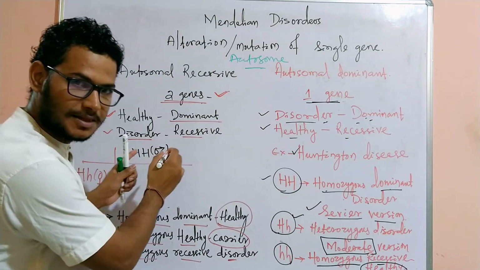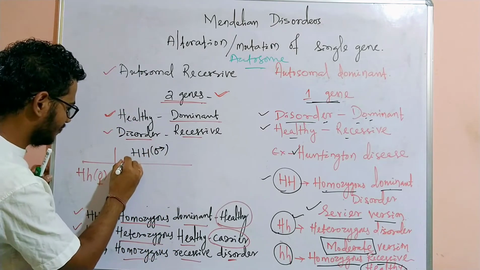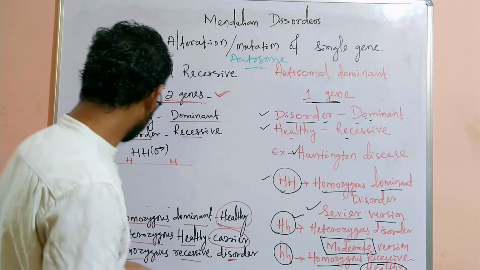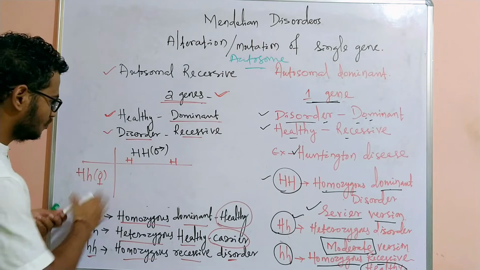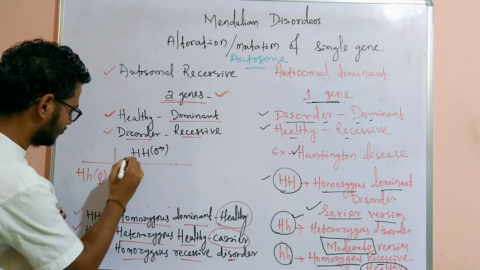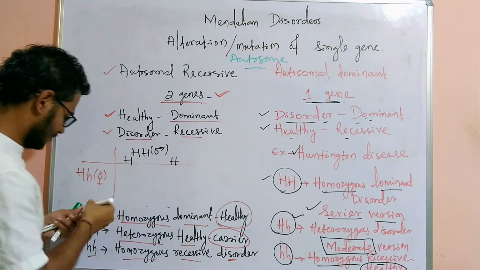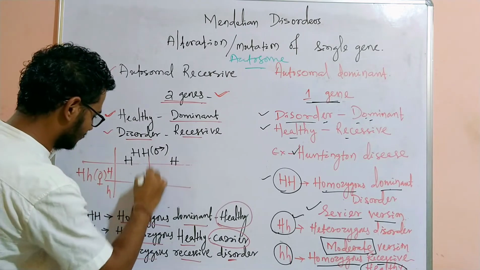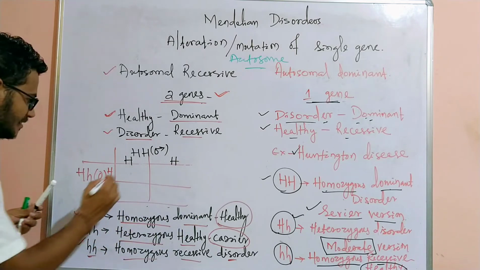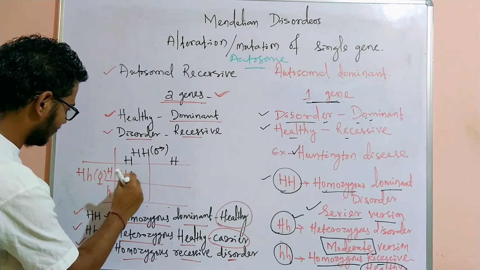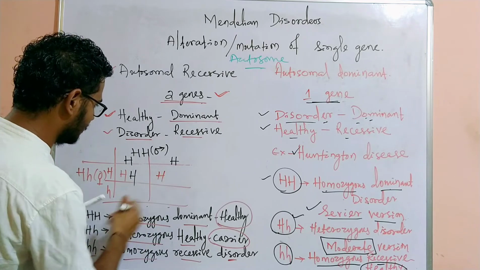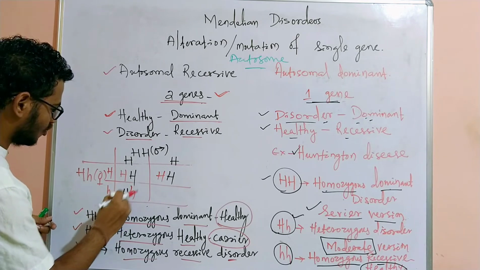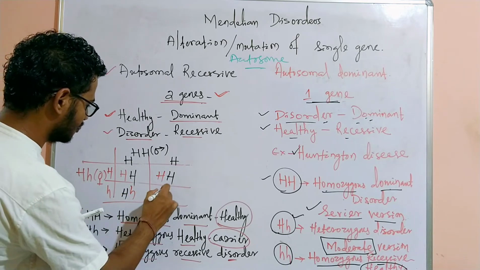So from the male or the father we will have two different types of sperms, and from the mother we will have two. Here let me write with black marker, and here we will have two different eggs from the mother. So the condition will be here capital H, here capital H, here we will have capital H, small h, here also capital H, small h.